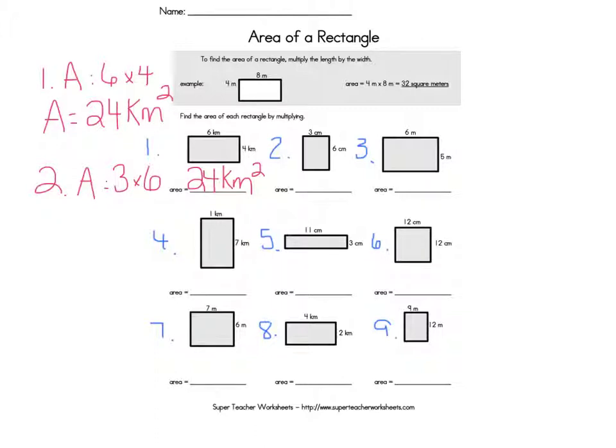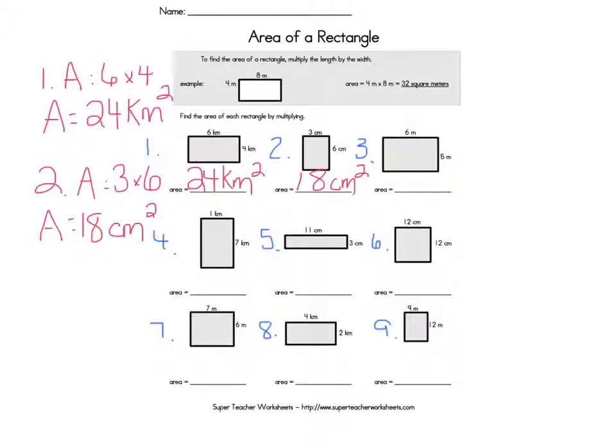And then, because that's the commutative property of multiplication, it doesn't matter the order that you do it, you still get the same answer. For number 2, A equals 18. And the units we're using for this one are centimeters, so it's going to be 18 centimeters squared. And that's what you should have for number 2.